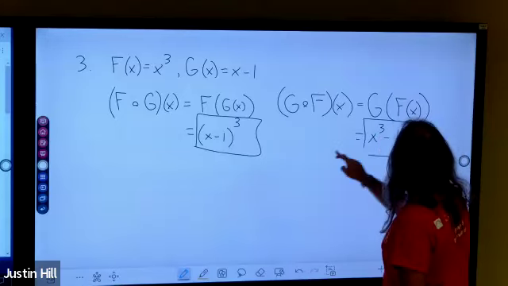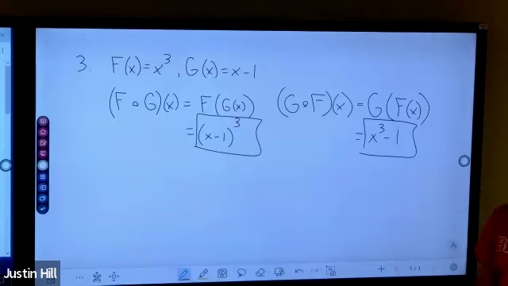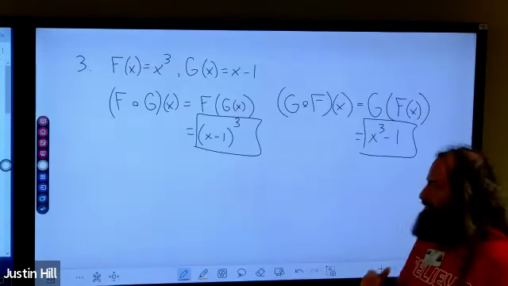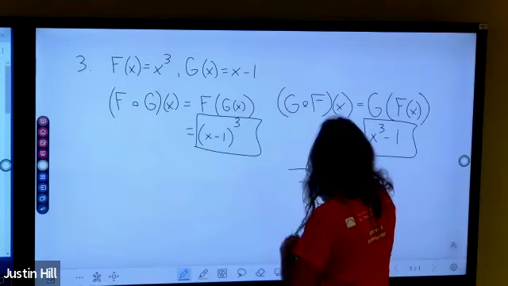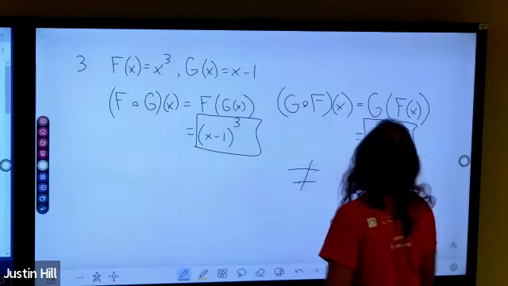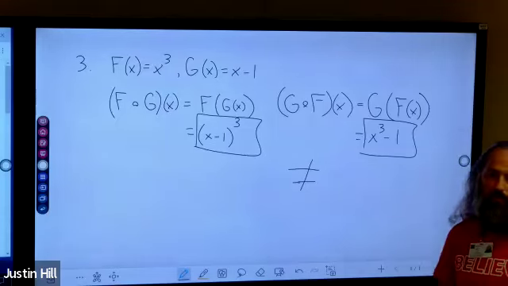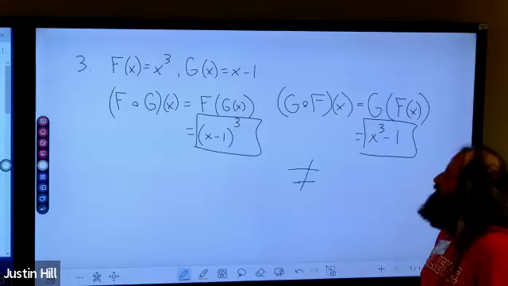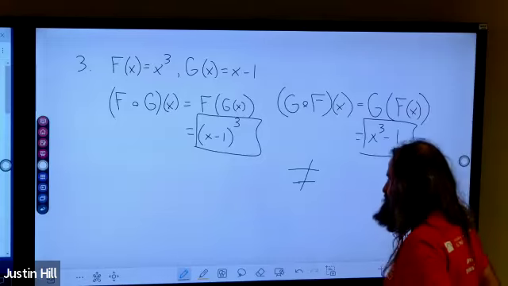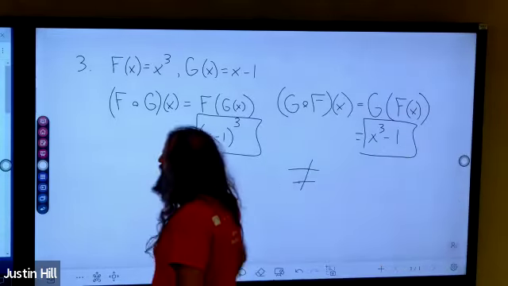And that's g compose f. And then this problem, like the last problem, asks if they're equal. And obviously, these are not equal to each other. Just the difference in the order of operations is enough. They're not the same. Good.